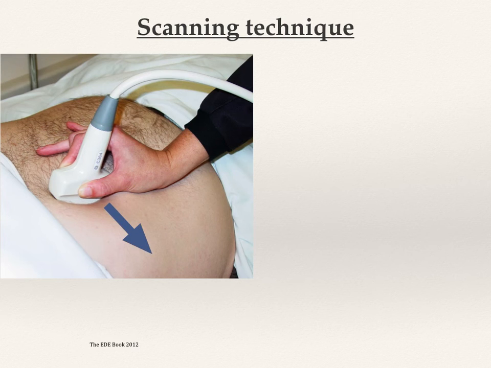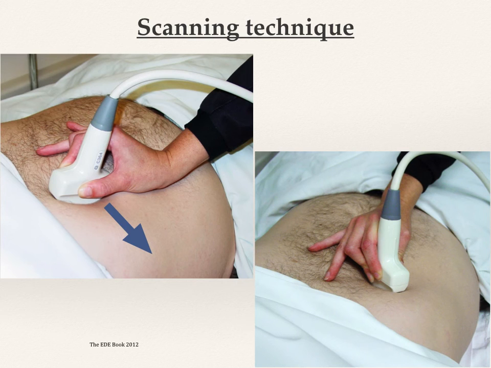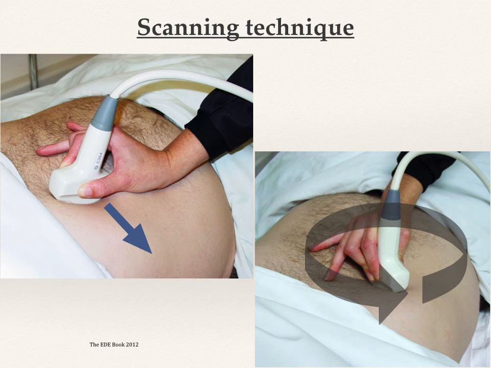Once you find the gallbladder, which should appear as an anechoic structure, you may need to tilt or rotate the probe around its long axis to align yourself with it. Once you have done this and been able to sweep through the gallbladder on either side, turn the probe 90 degrees counterclockwise to view it in its short axis. Again, once you have identified it in its short axis, you should sweep through it from the fundus all the way to the neck.